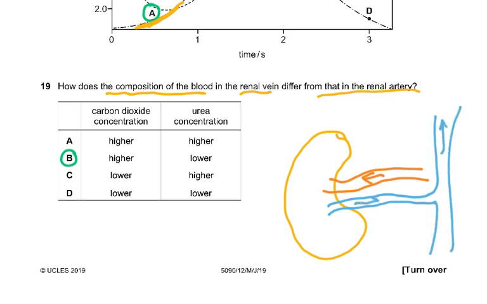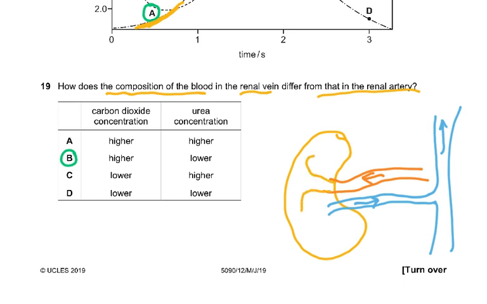So this would be the vein. So the renal vein will have a lower concentration of urea. Why? Because the urea from the blood has been filtered out.